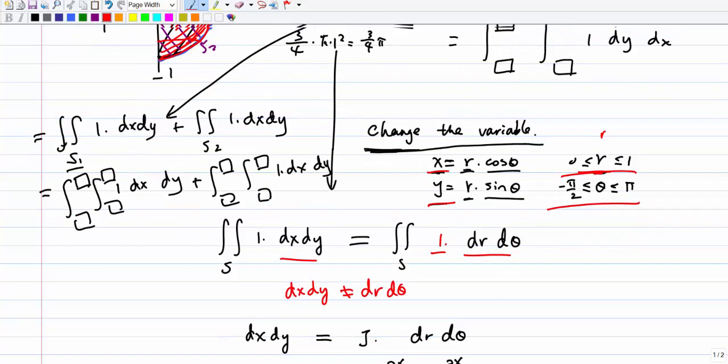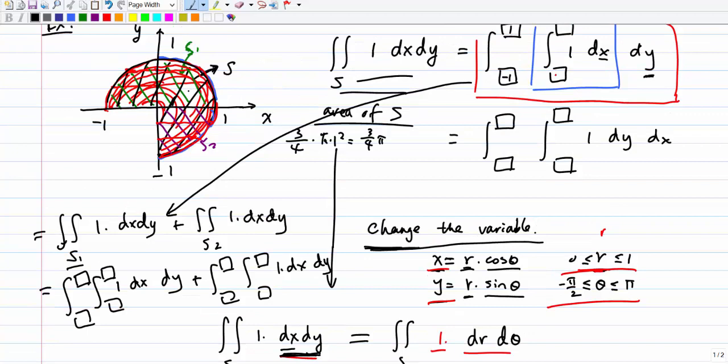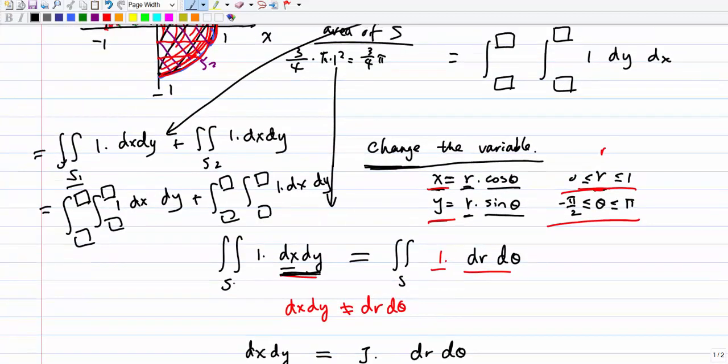Now the problem becomes, originally I want to integrate this over dx dy. This is my area, and dx dy is sort of a very tiny square over here. If I do it this way, I cannot simply integrate over S times dr d theta, because I want to integrate over dr d theta.